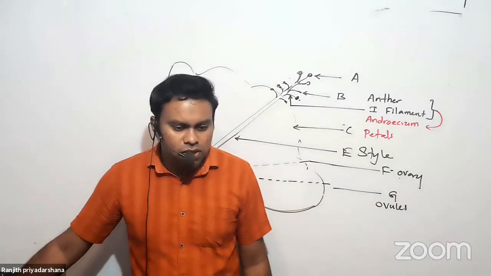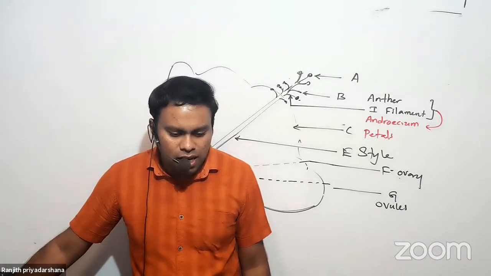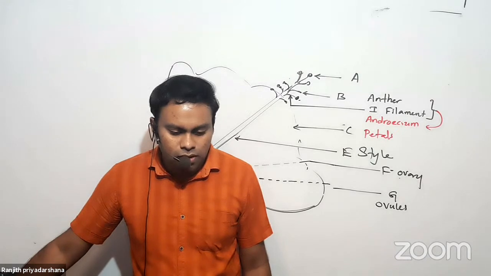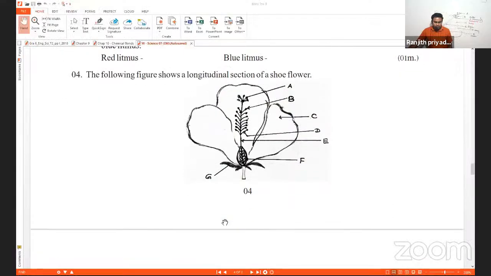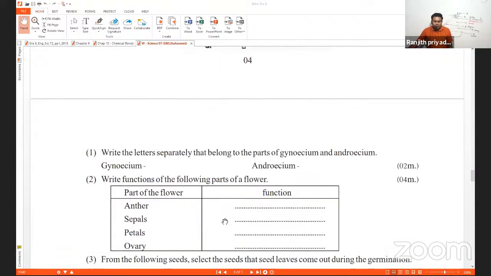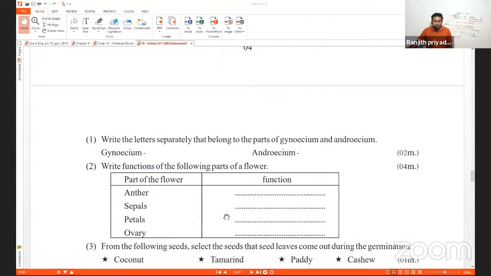Gynoecium. Very good. Okay, now the questions associated with that, I am going to share this again. Okay, look at this. Write the letters separately that belong to the parts of gynoecium and androecium.